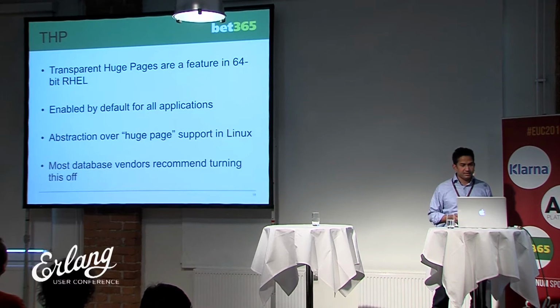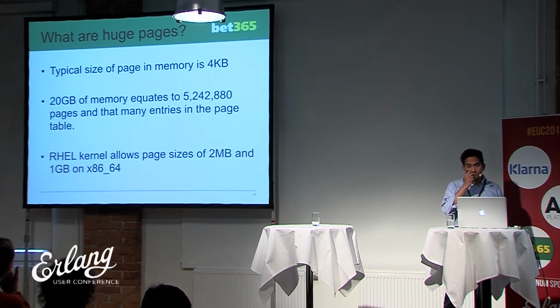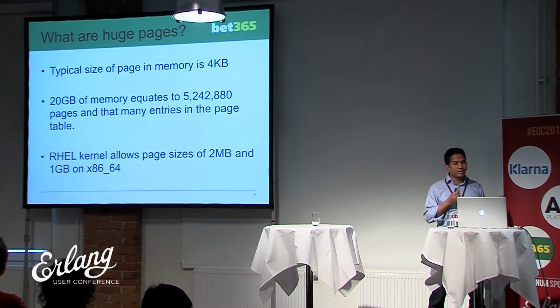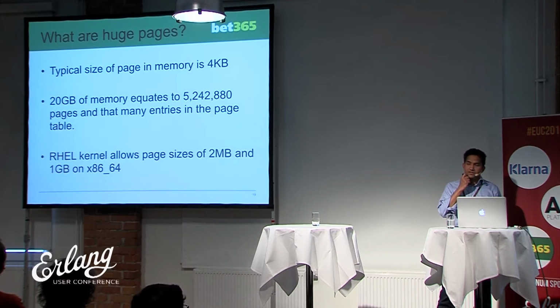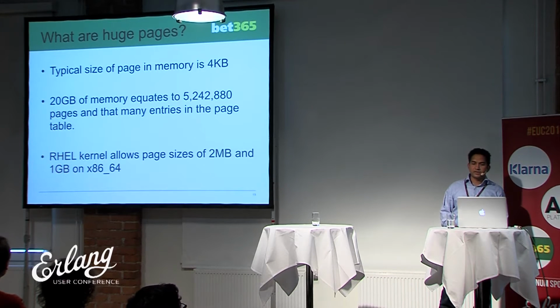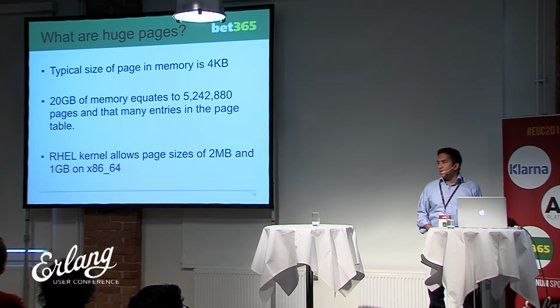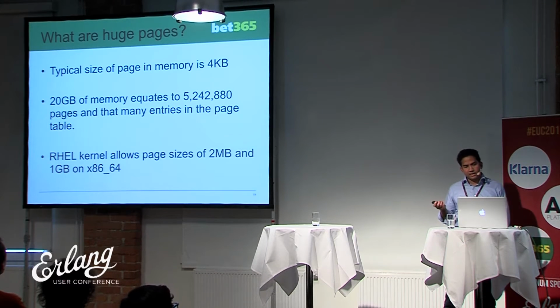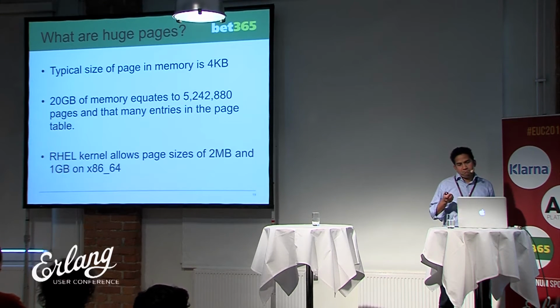So we thought, okay, something there. So what are huge pages? Once you look at it, it's fairly obvious. The typical size of a page in memory is 4 kilobytes. But nowadays, with servers with lots of RAM, 20 gig of memory equates to 5 million pages, and that many entries in the page table. These entries are typically stored, I think, in the layer 2 cache, which has limited memory.